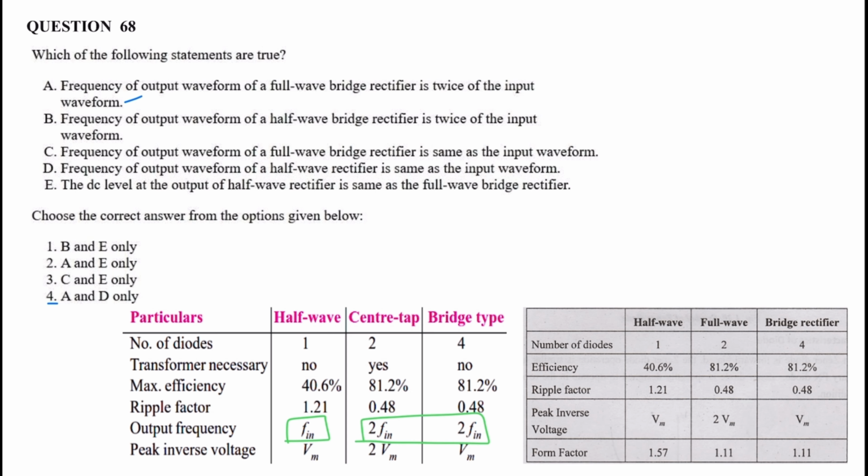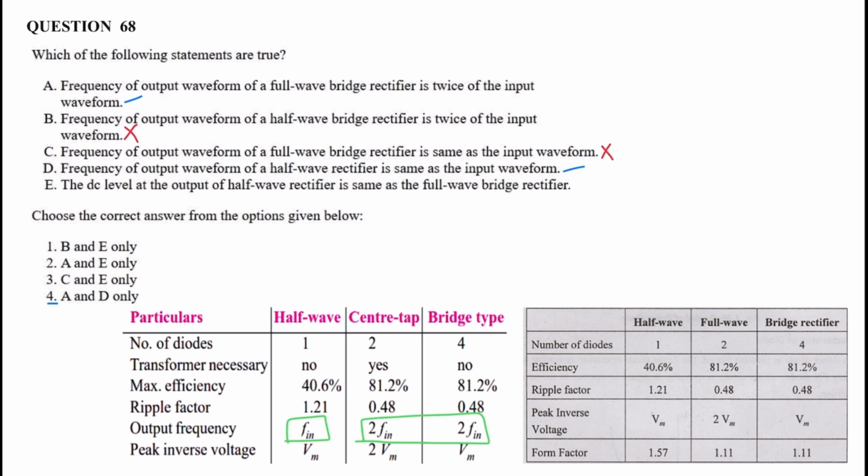Frequency of output waveform of half wave rectifier is twice of the input waveform. It is not twice. Output and input frequency are same. Statement B is incorrect. Frequency of output waveform of a full wave bridge rectifier is same as input waveform. Statement C is incorrect. Frequency of output waveform of half wave rectifier is same as input.